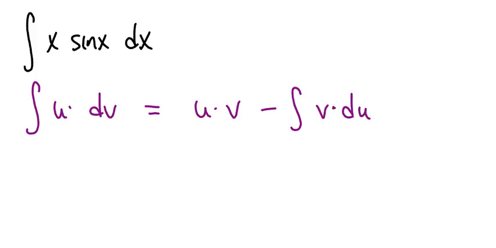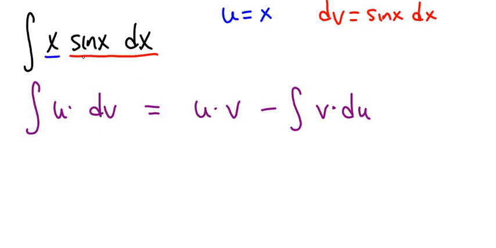So I'm going to say that the u is x and the dv is the rest of it. And it has to be, because all of this has to be equal to all of this. Everything has to be underlined somewhere.